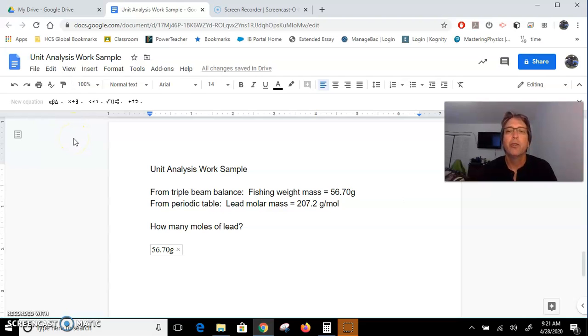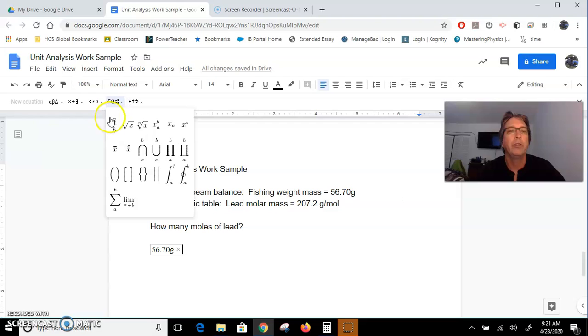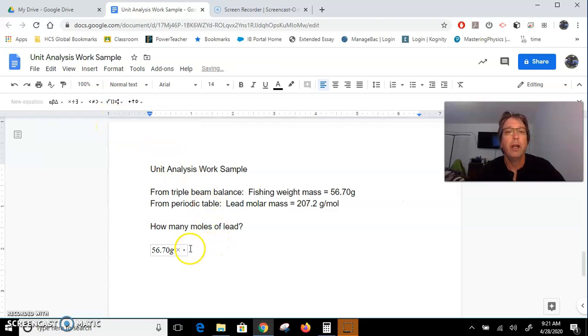And now we've got to insert that conversion factor that goes in like a fraction. This is why the equation editor is easier. It lines stuff up. You could do this by highlighting and subscripting and underlining, but it never looks quite right. So in these choices, if you go over to this one, math operations, and you pick the one that looks like a fraction, you'll see our little cursor jumps up to the top there.